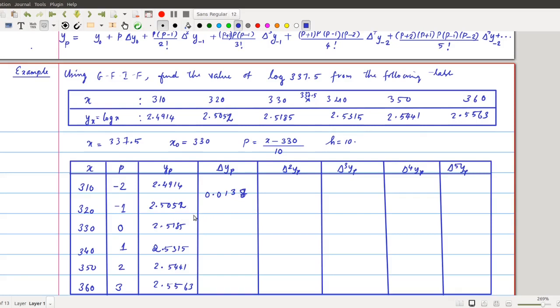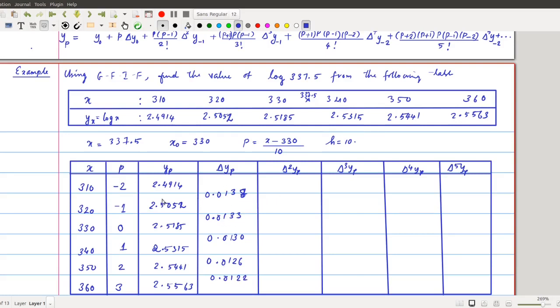Then the next value, the delta y_p, is this minus this number, so that will be again 0.0133. Here we have 0.0130, this is 0.0126, and this difference is 0.0122. Okay, so these are the delta y_p's.